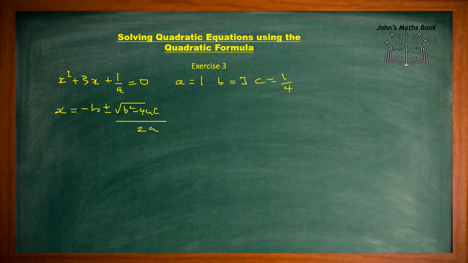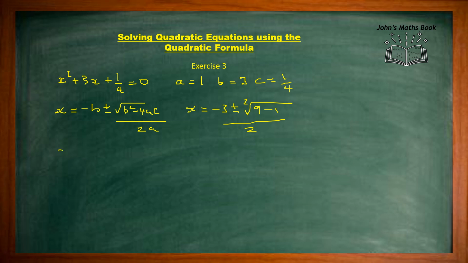Now if we plug our numbers into that formula, we get x is equal to minus b, so that's minus 3 plus or minus the square root. b squared, so 3 squared is 9, minus 4ac, which is minus 4 times 1, still minus 4, multiplied by a quarter, so it gives minus 1, divided by 2 times a, so 2 times 1 is 2.